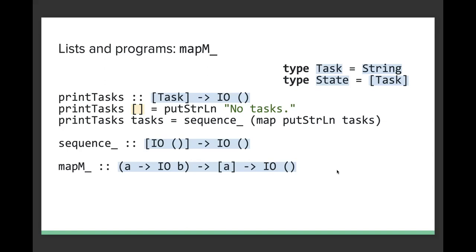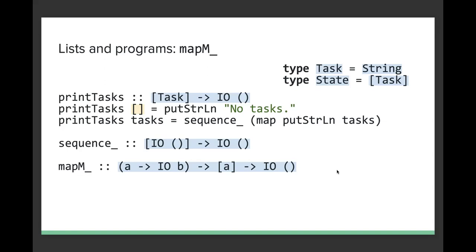So mapM_ will take a function from A to a program that returns a value of type B. Then it will apply this function to every element of type A in the list, do that IO something, and then ignore all of the results, basically only running for the effects. Does it make sense to you?